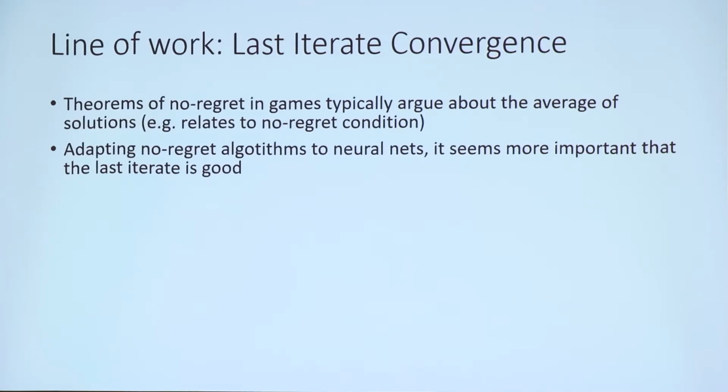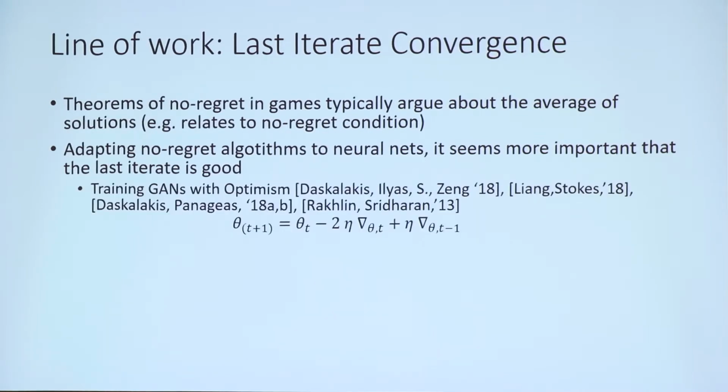We actually tried to tackle this problem with Kostas and two students from MIT a year or so back. We tried to employ some ideas from no-regret learning in games and tried to use an algorithm that actually had fast convergence in games, called optimistic mirror descent, where basically the only change that you make to gradient descent is that you upweight the gradient from the last iteration.